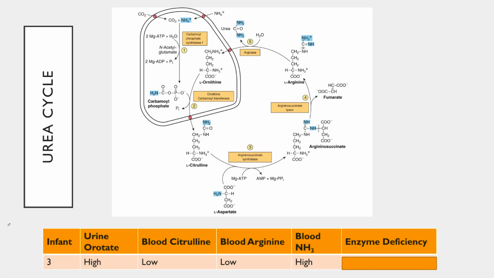And finally, let's look at this last scenario. In this scenario, we have an elevated urine orotate, which would suggest an increased production or increased accumulation of carbamyl phosphate. We also know that citrulline is low, as well as arginine, and again, ammonia is high.